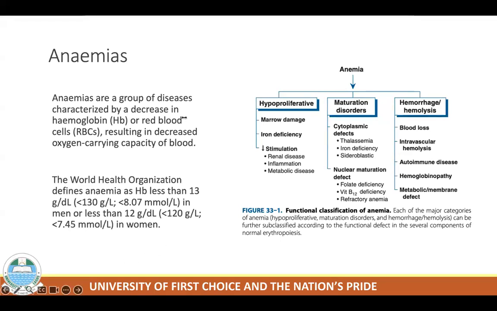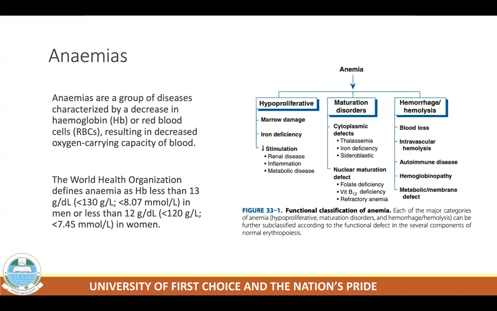So in terms of functional classification, you have the hypoproliferative class, including those resulting from bone marrow damage and iron deficiency. These lead to reduced stimulation, leading to the anemic condition.